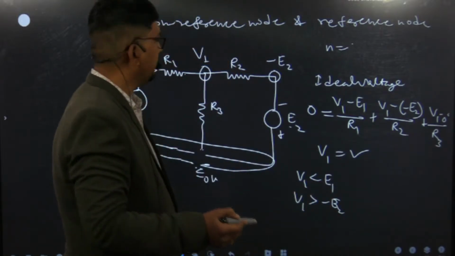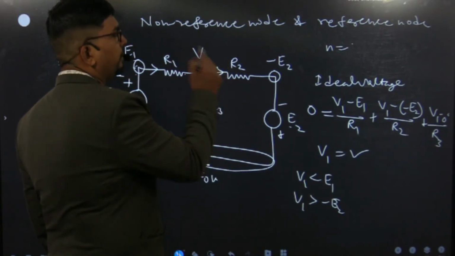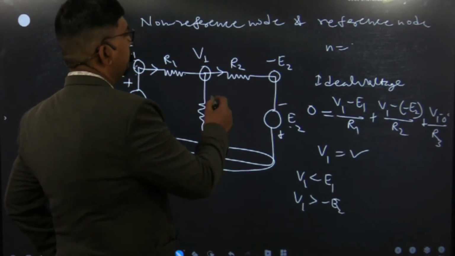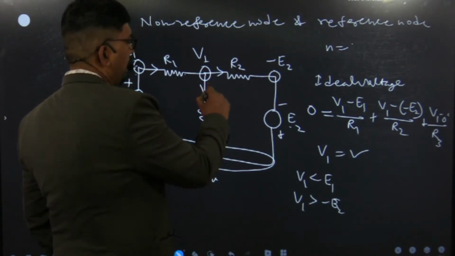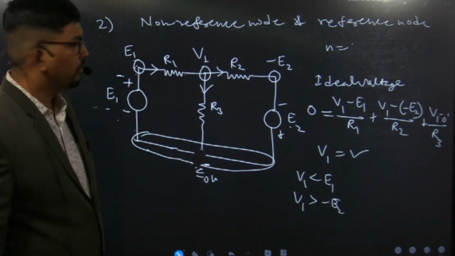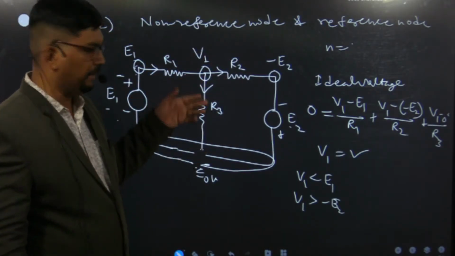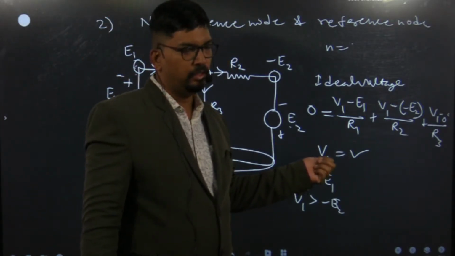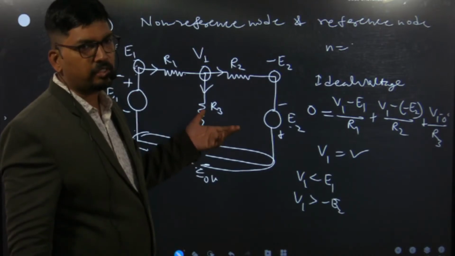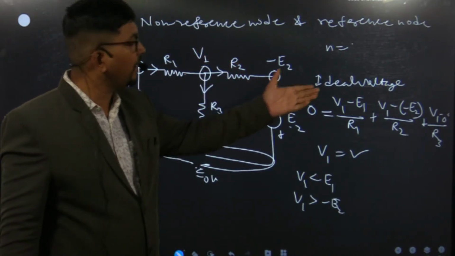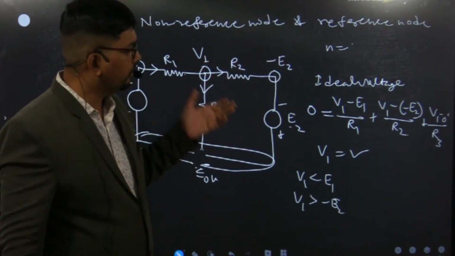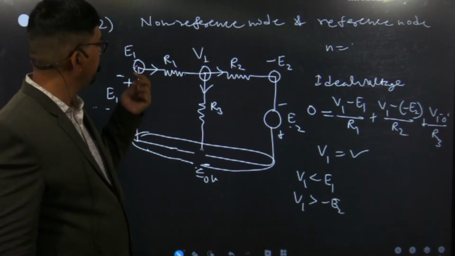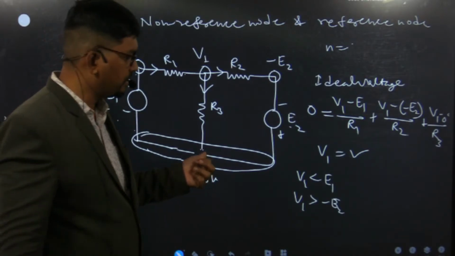In that condition the actual direction of current through R2 will be from V1 to minus E2, and similarly the current in R3 will be this. So the actual direction depends totally on the actual value of V1, because when we write the equations, they use arbitrary directions. That is our case number 2, when an ideal voltage source is connected between a non-reference and the reference node.